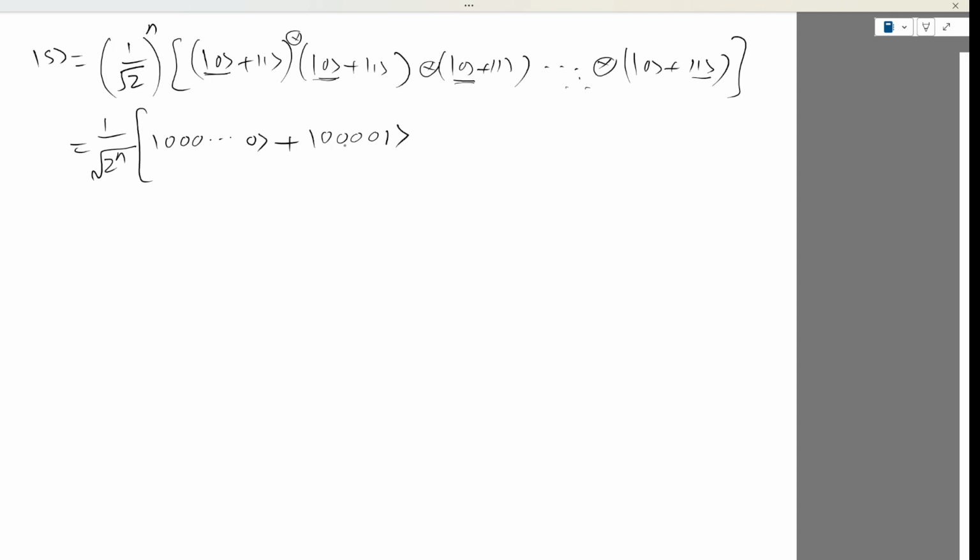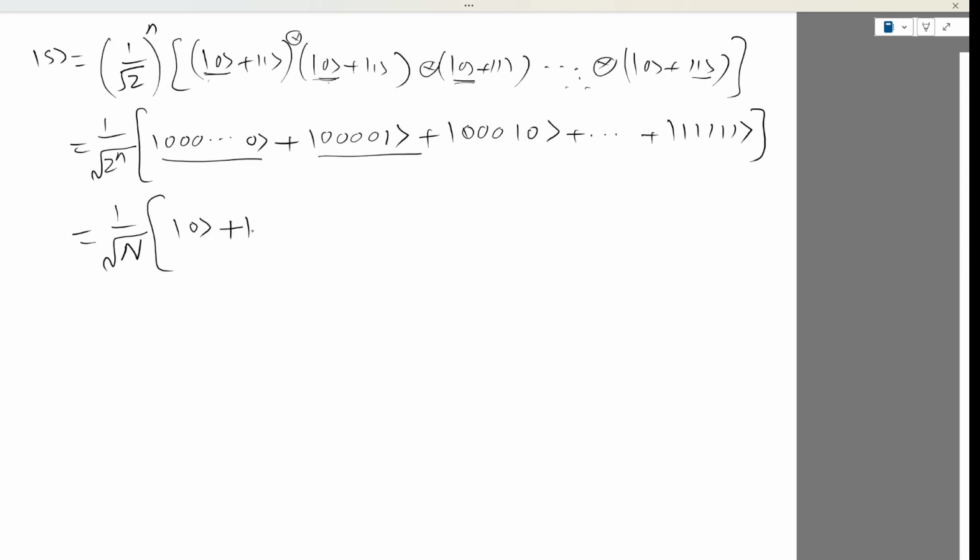And then the next term could be 0, 0, 0 all the way, and then this 1. And then the next term would be 0, 0, 0, 1, 0. Let's say I'm working with 5 qubits. And then the last term would be 1, 1, and so on. Now we can introduce a shorthand notation. So this is just capital N. Let's call this state just 0 for the sake of writing it easily.